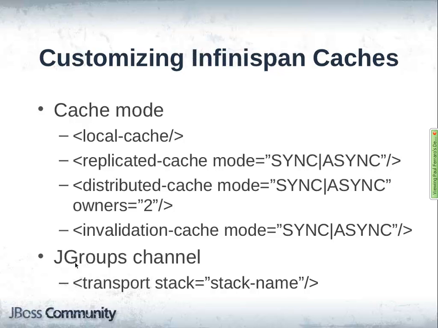This has some similarities to buddy replication, which you may be familiar with from AS5 and earlier, but has some advantages. Invalidation cache is largely used mostly by the Hibernate second level cache.